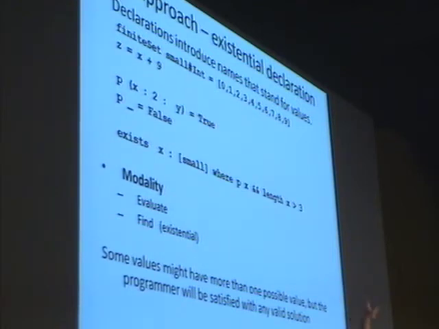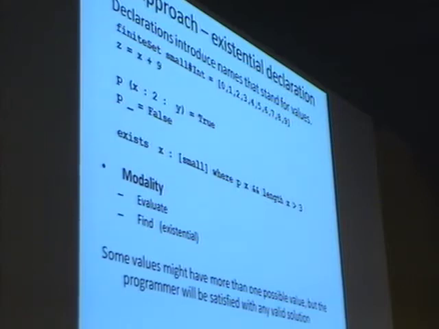Here's a function. I describe how it operates on data. And then there's this thing here that says there exists an x, okay, which is a list of smalls where p of x and length of x is greater than 3. And what I would like is some x that meets that property. Okay?